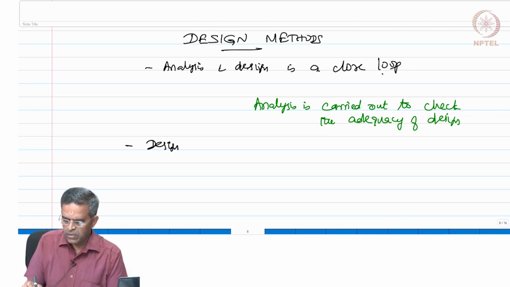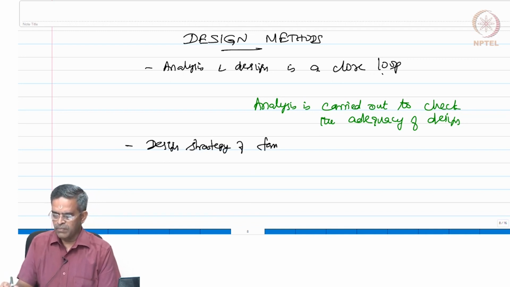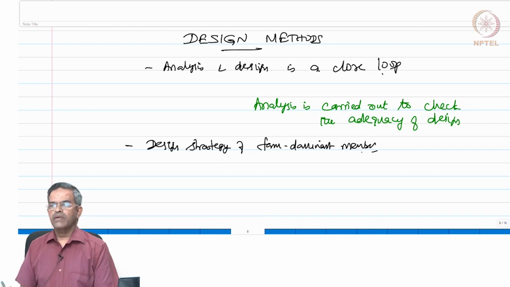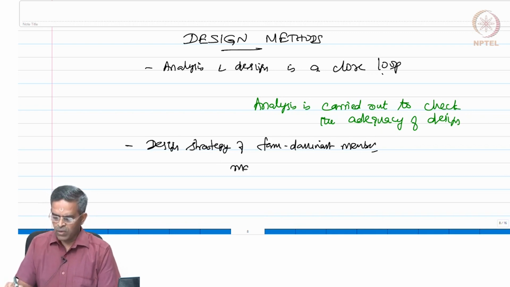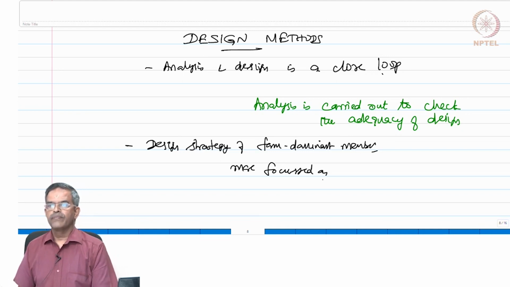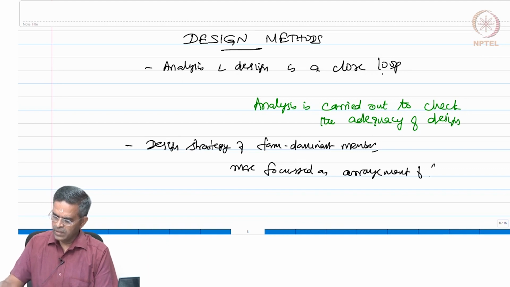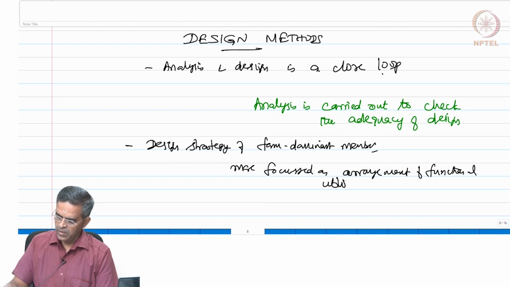If we talk about design strategy of form dominant members, then we can say it is more focused on arrangement of functional utilities and the members.